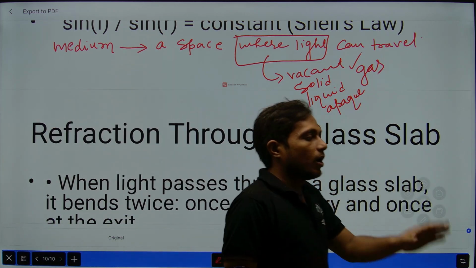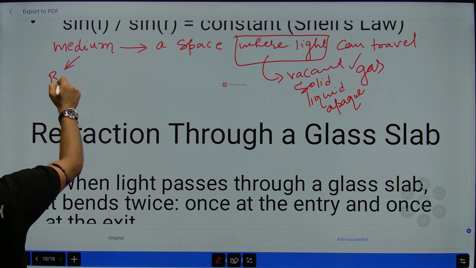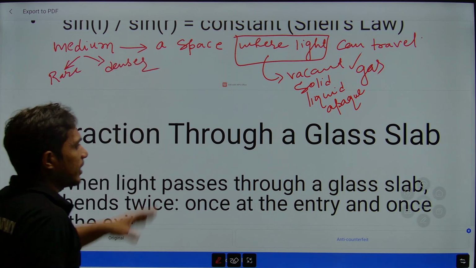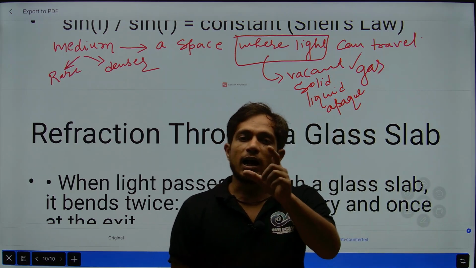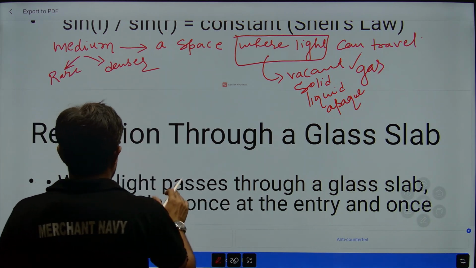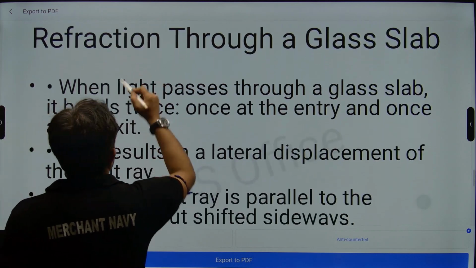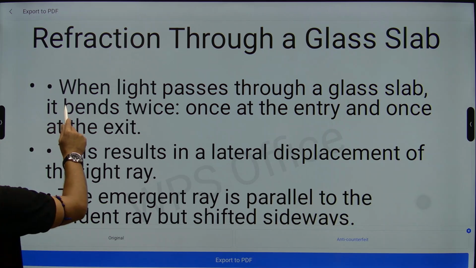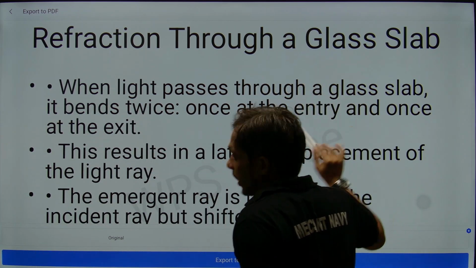Refraction through a glass slab we will read here. There are two types of medium, the rarer and the denser, as we have read. Let us see what happens when light passes through a glass slab and how it shows its property. Here it is saying that light passes through a glass slab from air.